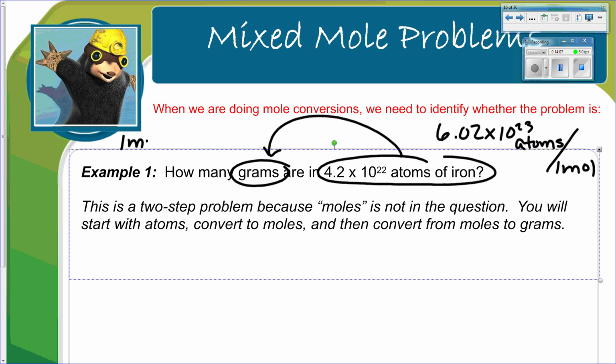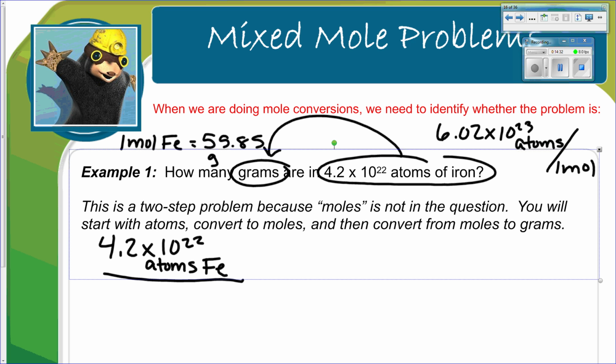So we know that one mole of iron, and if you look on your periodic table, is 55.85 grams. So we can do a two-step problem here to go from atoms to grams. If you start with your given, which is 4.2 times 10 to the 22nd atoms of iron, we know we're first going to get to moles.